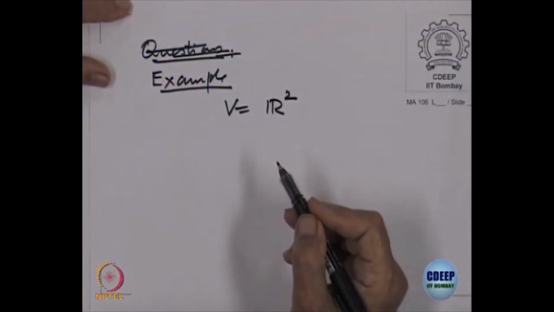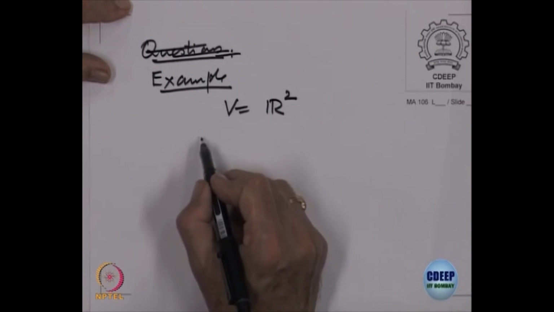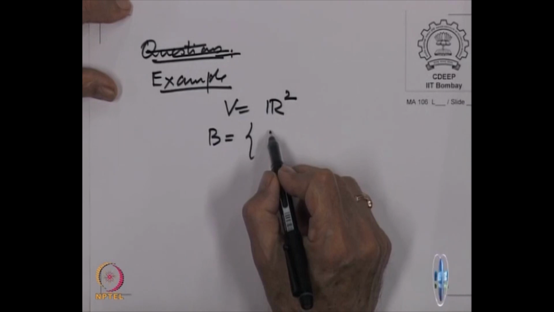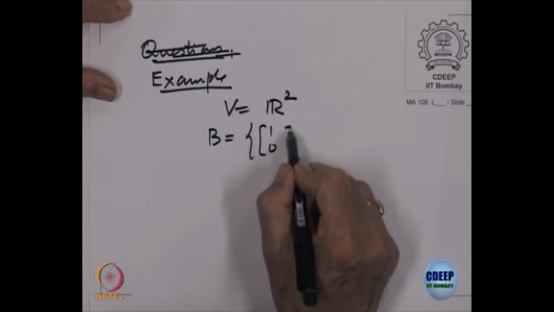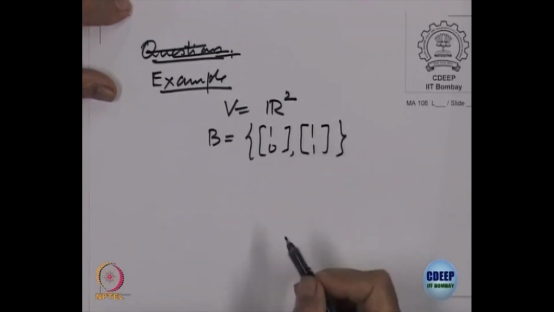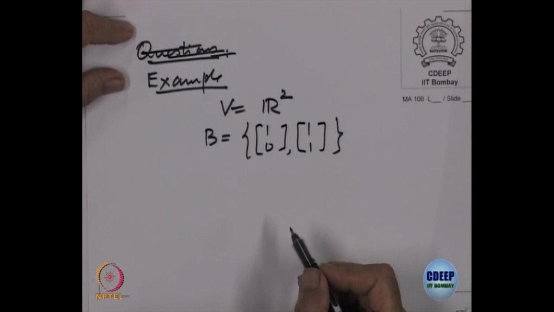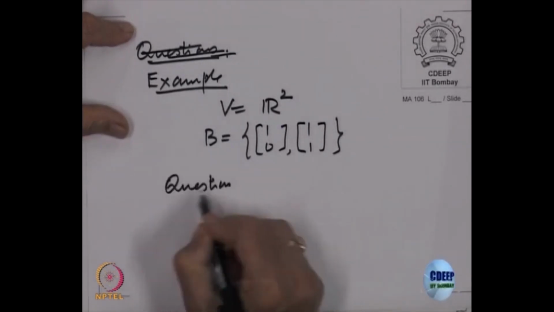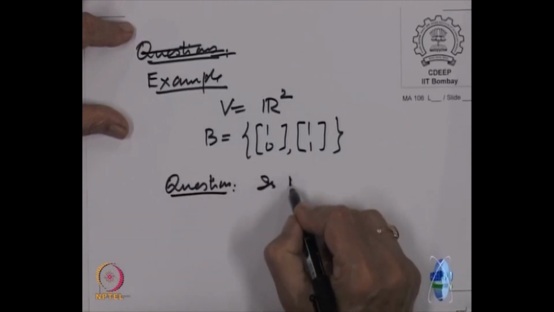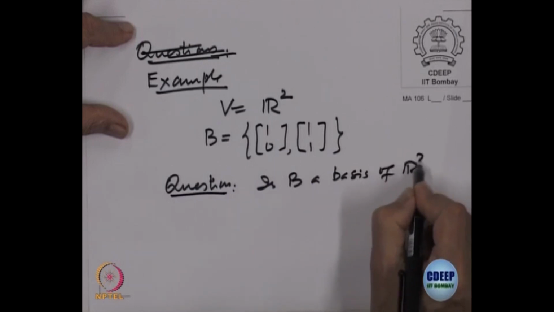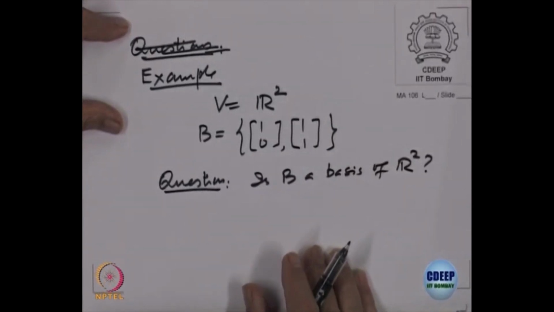Again, let us take V equal to R 2, and let me now take the set B to be equal to, say, 1 0 and 1 1. So, the question is, is B a basis? Is this a basis of R 2?